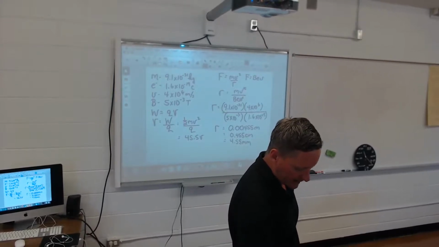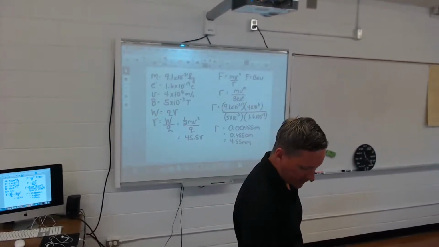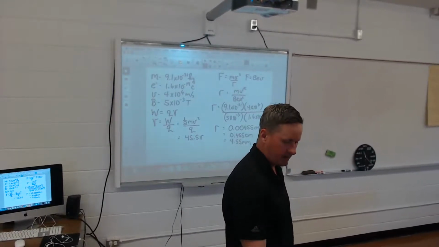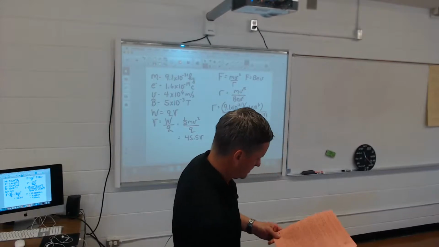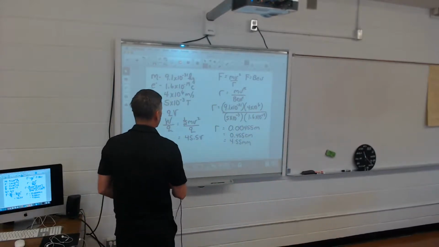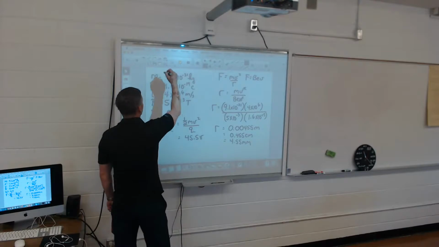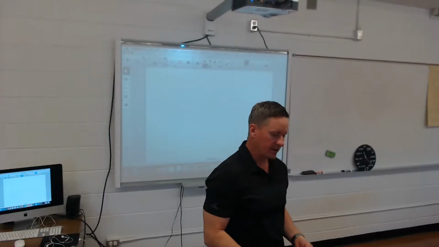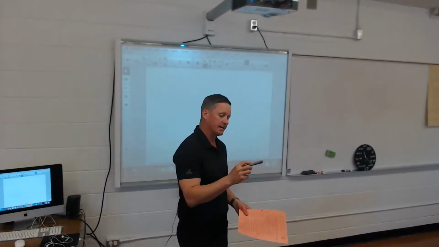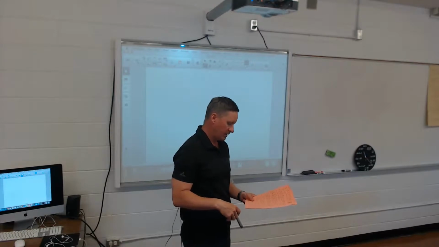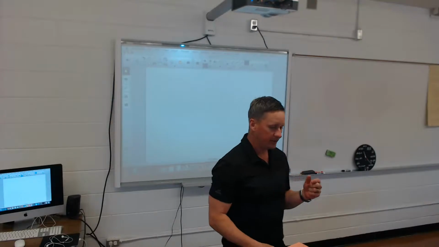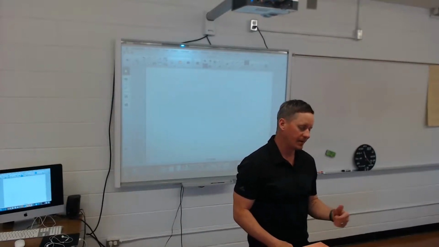All right, and then the last one is, what is the frequency at which the electron moves around its circular path? So this one's a little bit more difficult because we haven't done anything with it. Ideally we'd use the radius, find the circumference of the circle, divide that distance by the velocity to get the period, and then use the period to get the frequency.